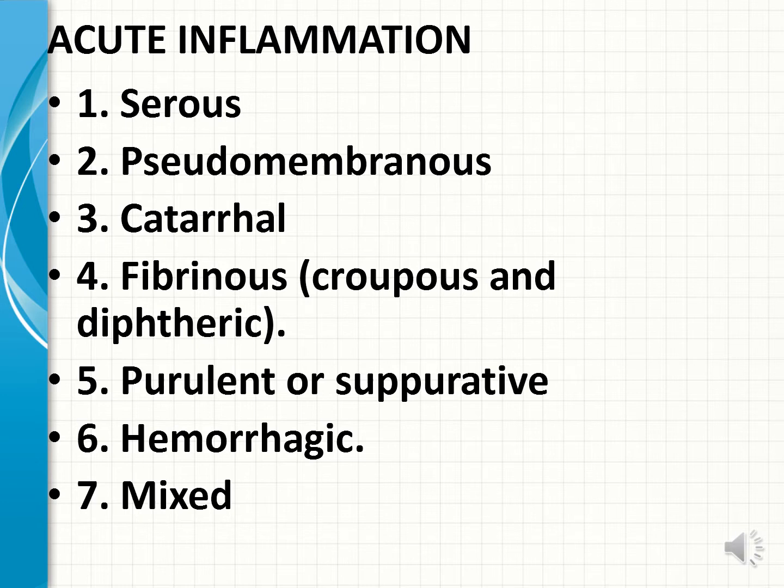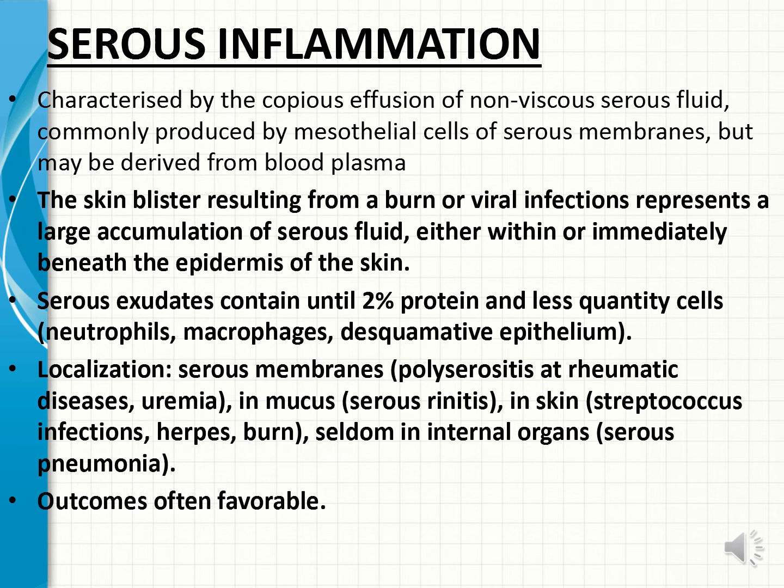First one is serous inflammation, then goes pseudomembranous inflammation, catarrhal inflammation, fibrinous inflammation with two subtypes, croupous inflammation and diphtheric one. Then purulent or suppurative inflammation, hemorrhagic, and mixed. Let's start with serous inflammation.